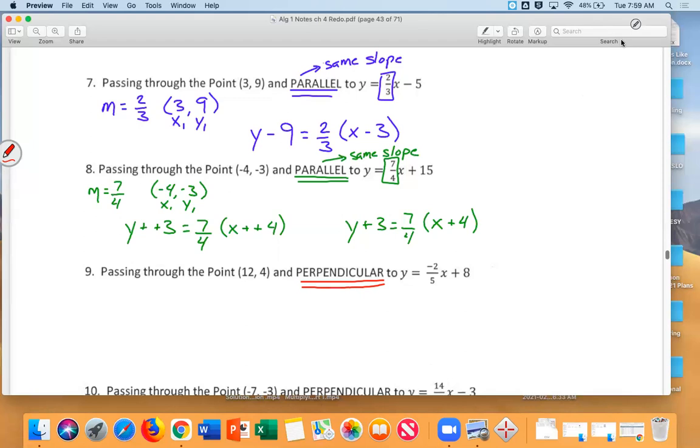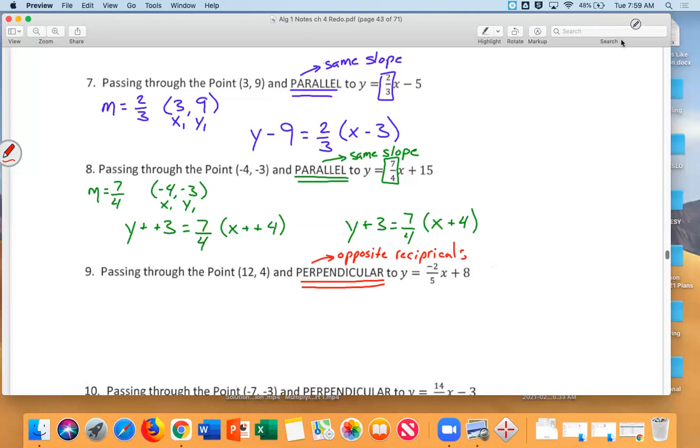What about Nate? What does perpendicular mean? Aren't they opposite reciprocals? Very good. Opposite reciprocals. Right, Drew? Yeah. All right.